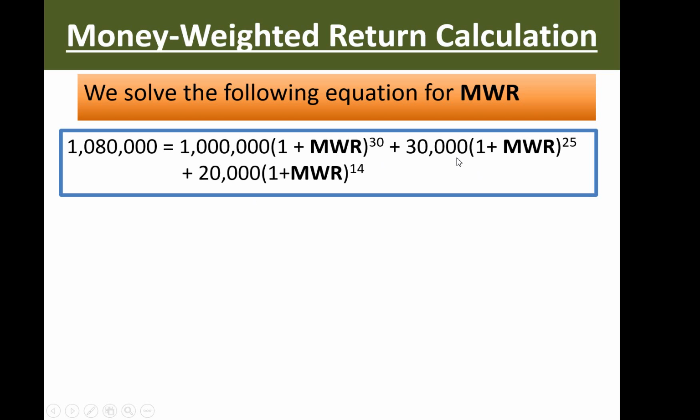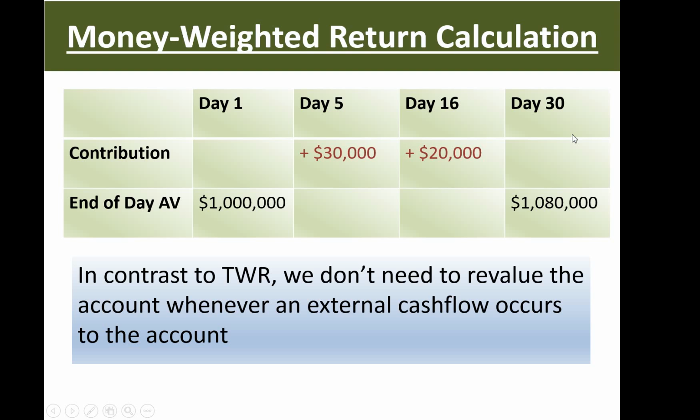Now, the $30,000 right here receives an exponent of 25, because this $30,000 cash flow occurs on day 5. So it will receive the account's performance for another 25 days, from day 30 back to day 5. And this $20,000 cash flow receives performance for another 14 days, as that will be the remaining time of the month at that point.